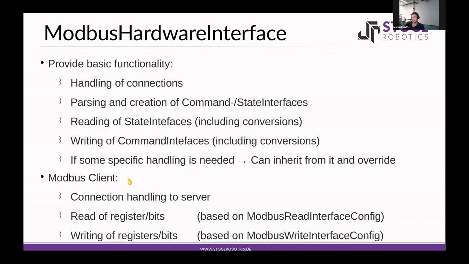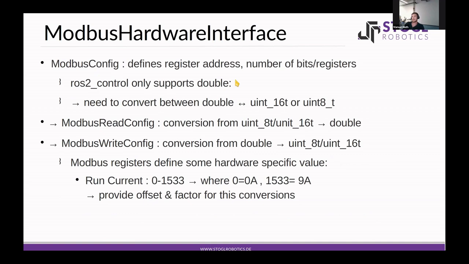This is split into a Modbus client, which is basically handling the connection to the server, the reading and writing. Then we have a Modbus configuration, which defines for each state or command interface which register should be used, how many bits to read, and also how to convert between double and the unsigned ints we have.